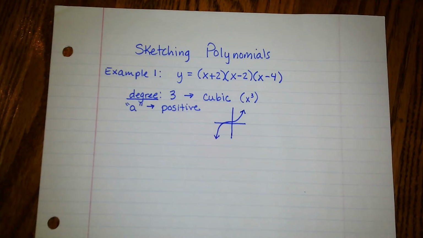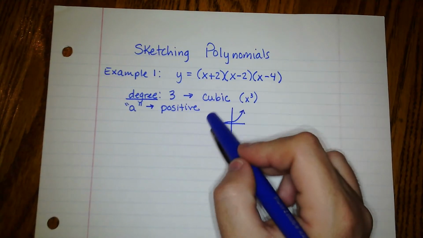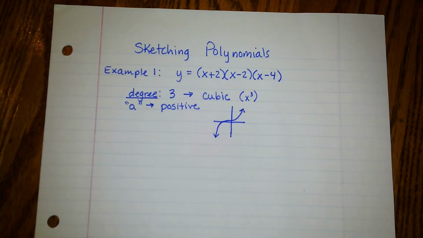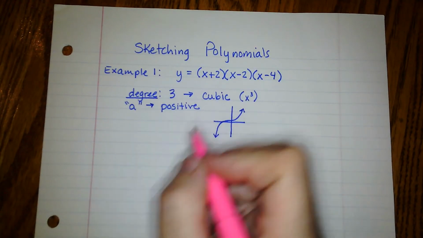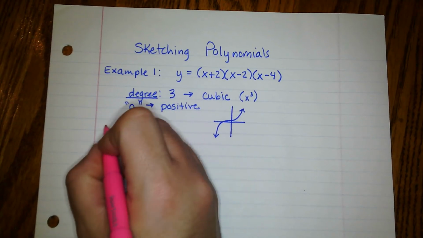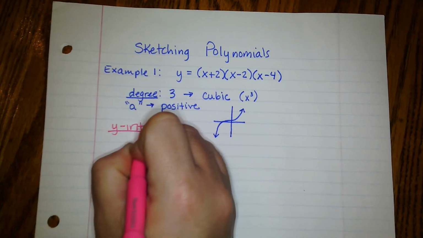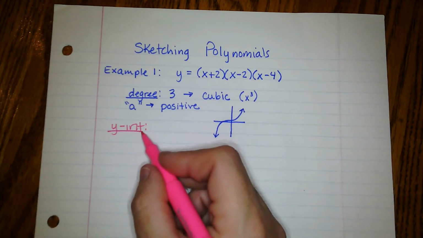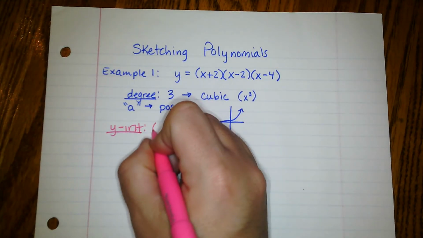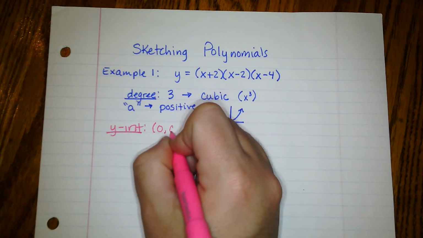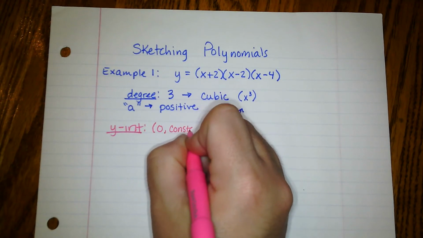Now what we need to do is we need to transition to the next piece. So now I know what the basic graph looks like. The only other things that I need to focus on to get my answer and get my sketch correct as much as I can is I'm going to get the Y-intercept. And the Y-intercept is where it crosses the y-axis. And you find that by doing 0, comma, whatever the constant is.